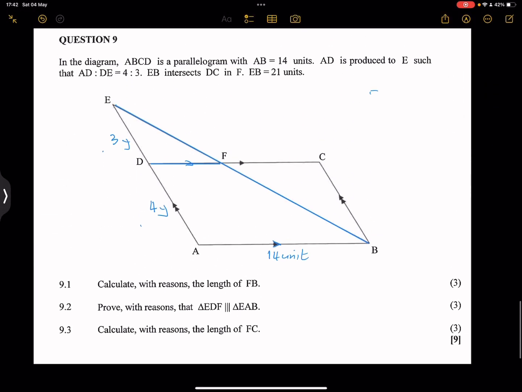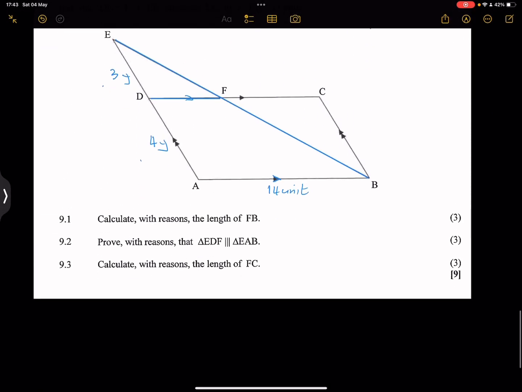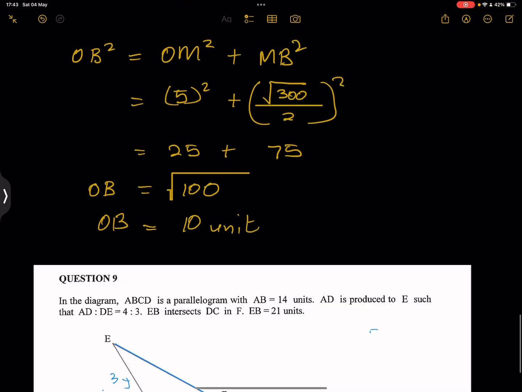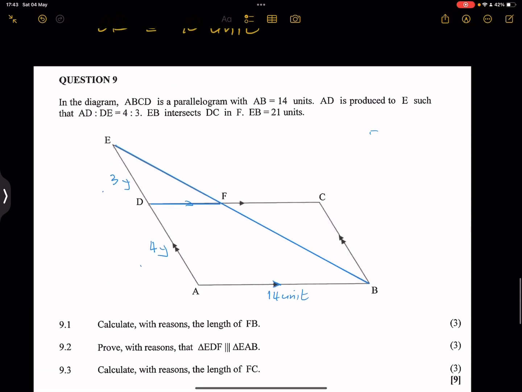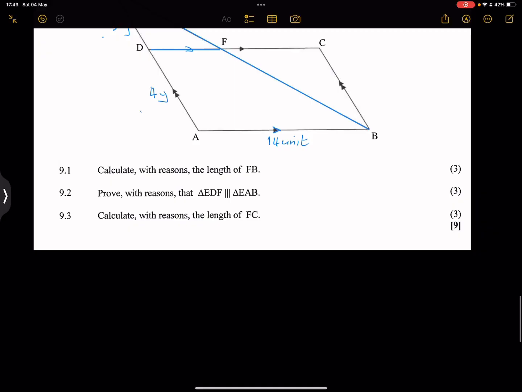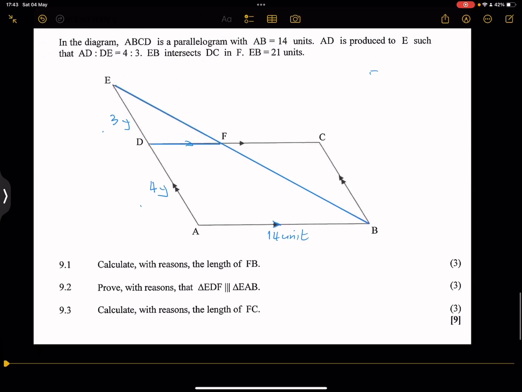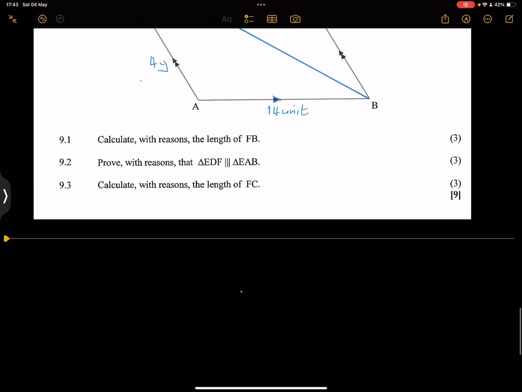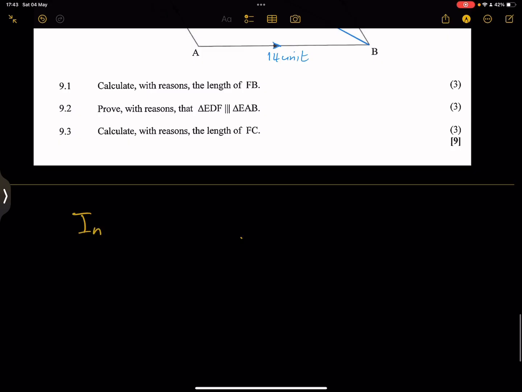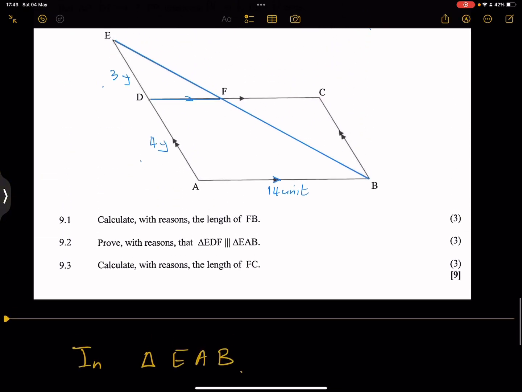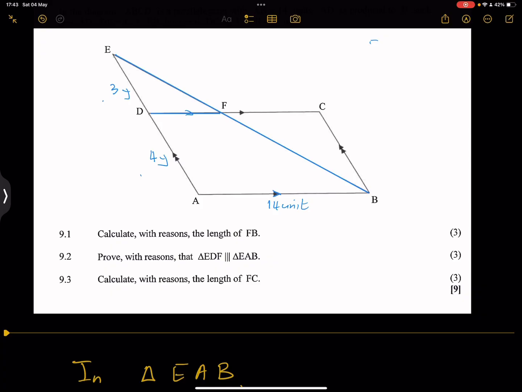So I'm going to simply say, ladies and gents, that if I look at that, okay, so I am going to have in triangle EAB, right? So I'm working in triangle EAB.